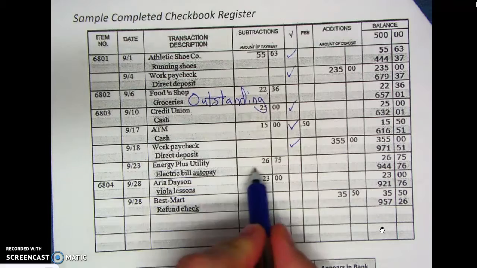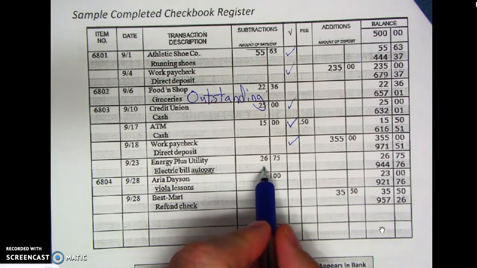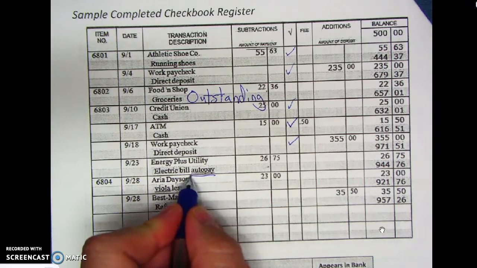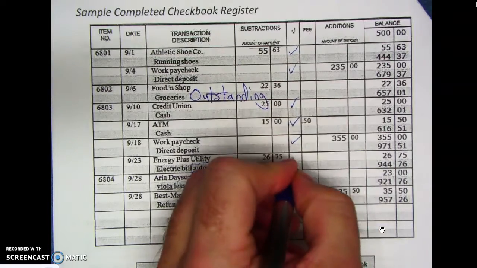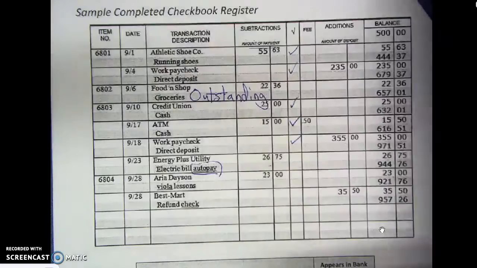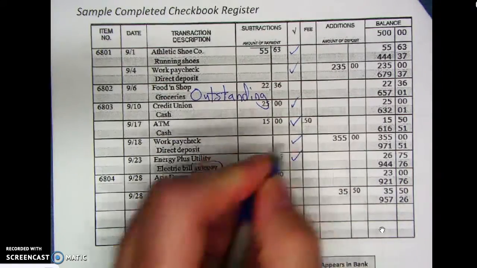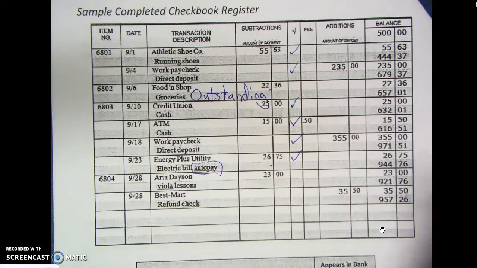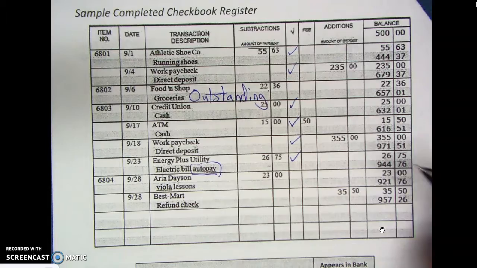You have your utility bill. Today it would have been an auto pay. In fact, right there you see it was an auto pay. $26.75. That is on your bank statement. All right, and then notice that we paid for some viola lessons for $23.